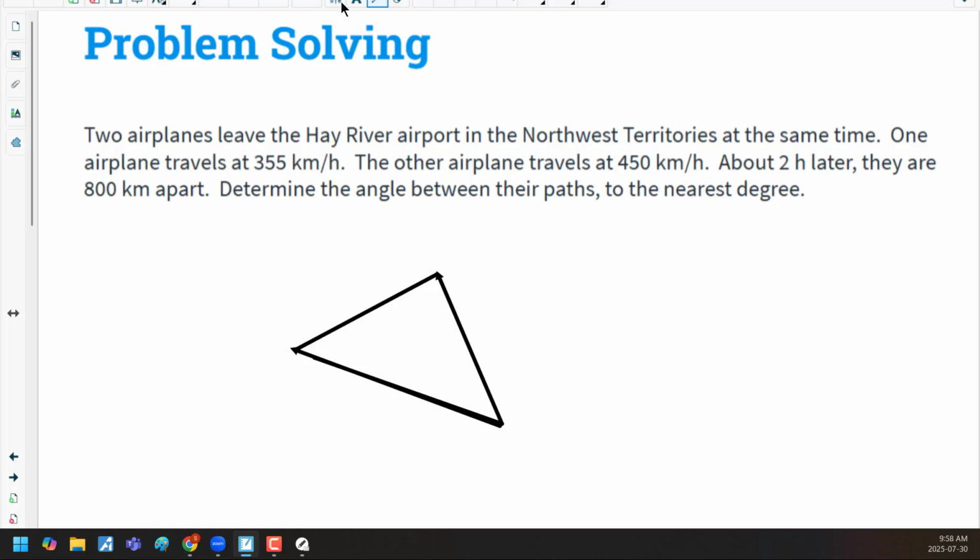And we know that here, this is the airport, this is plane A, and this is plane B. Red plane, green plane. So they both left at the same time.